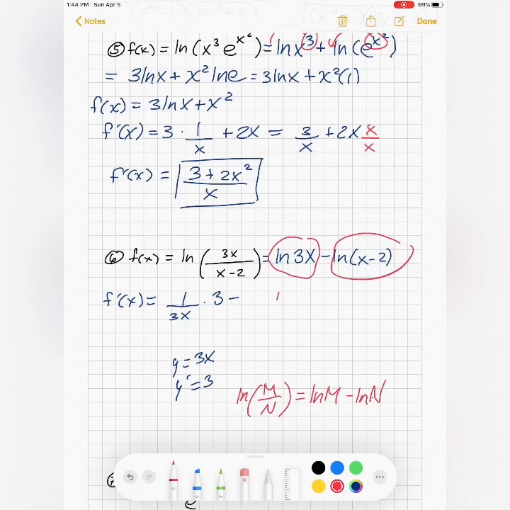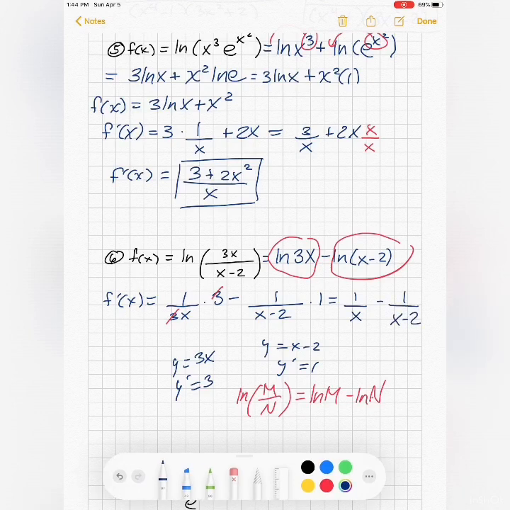So derivative of ln, I have 1 over the argument. But then the argument, derivative of x minus 2 is just 1, so times 1. So what is this? I guess I can cancel my 3's. 1 over x minus 1 over x minus 2.